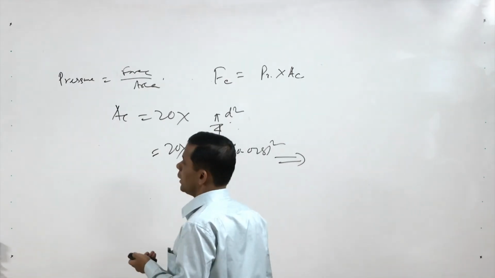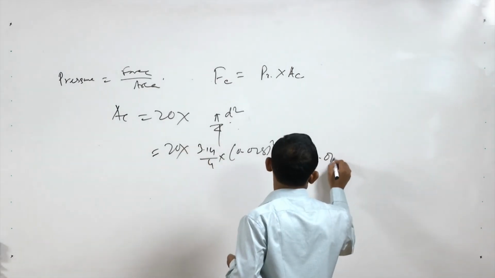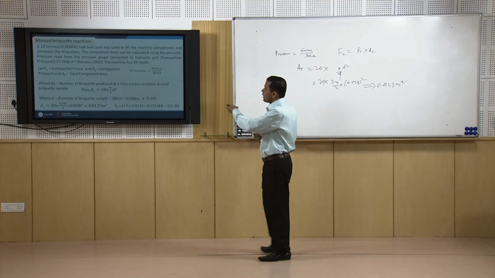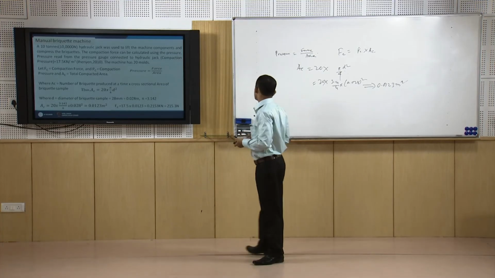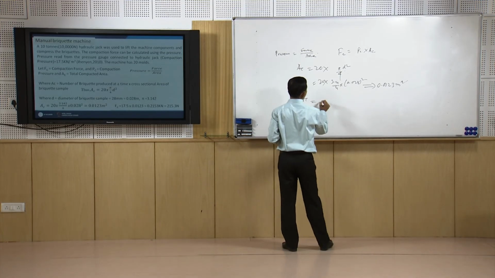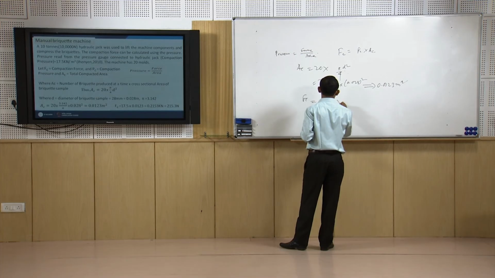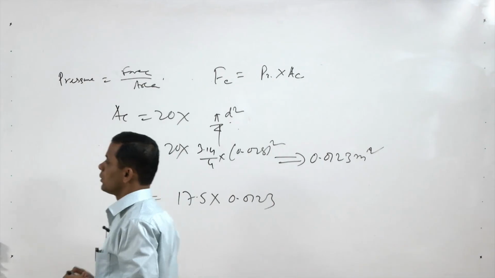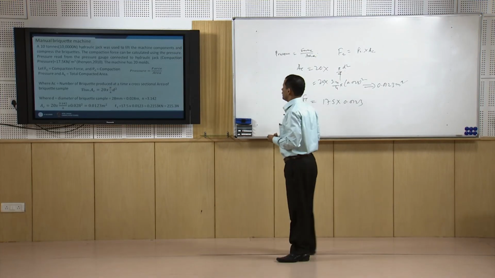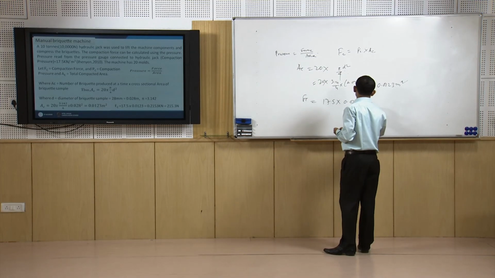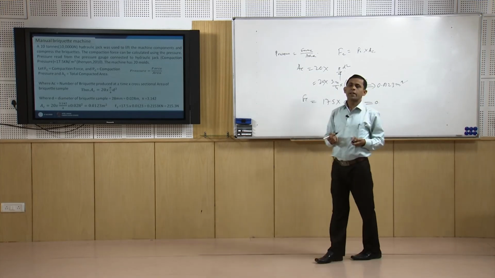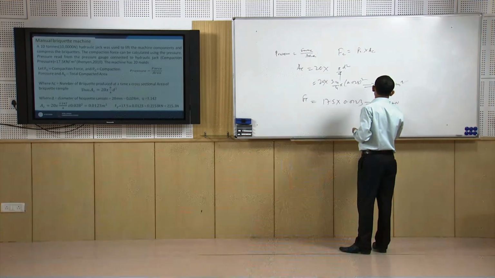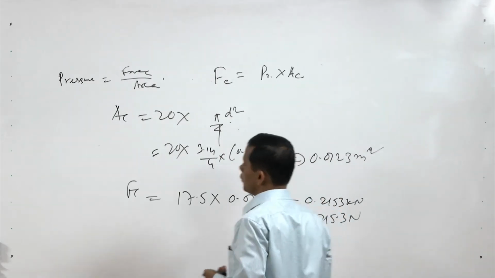So this value is equal to 0.0123 meter square. So this is the Ac, and pressure we have is 17.5 kilonewton per meter square. So Fc is equal to 17.5 kilonewton per meter square into 0.0123, that is equal to 0.2153 kilonewton, or 215.3 Newton.